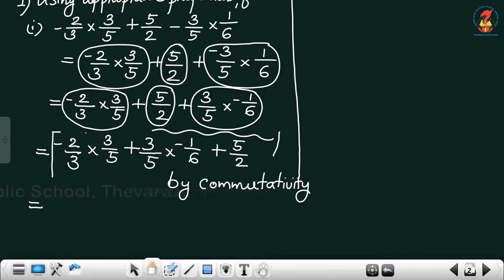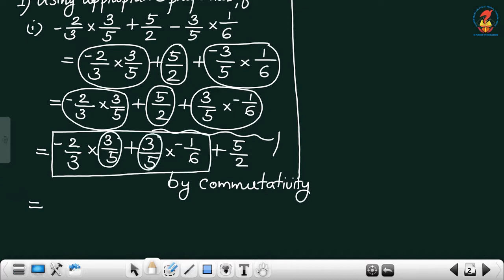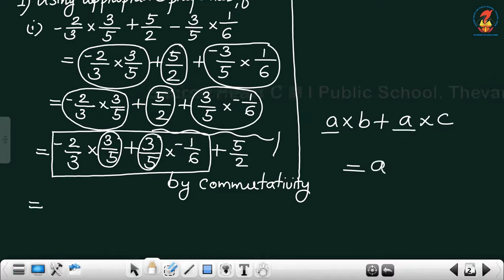Now we have to consider the first and the second terms. Which rational number is common? 3 by 5 is common. If 3 by 5 is common, do you remember? A into B plus A into C, where A is the common rational number, we can take it out: A into B plus C. Using which property?